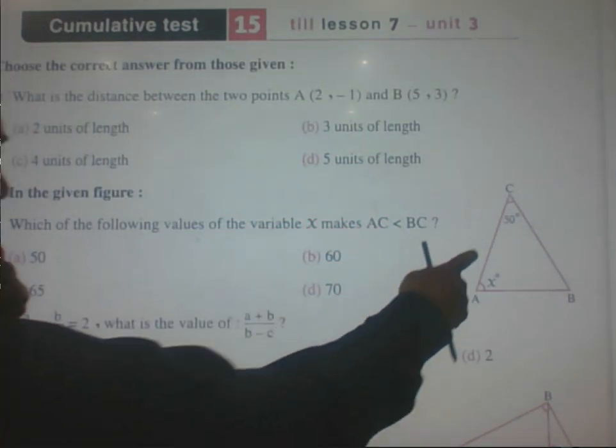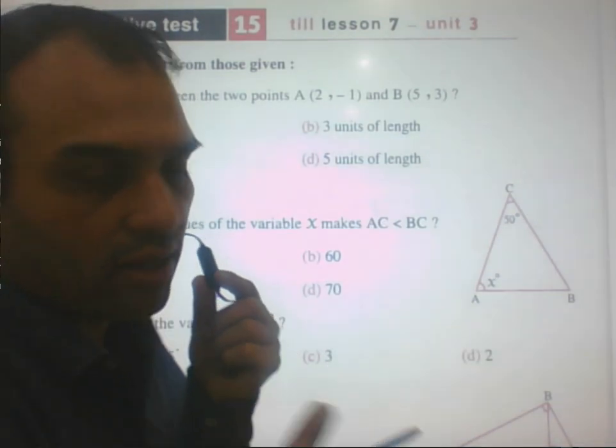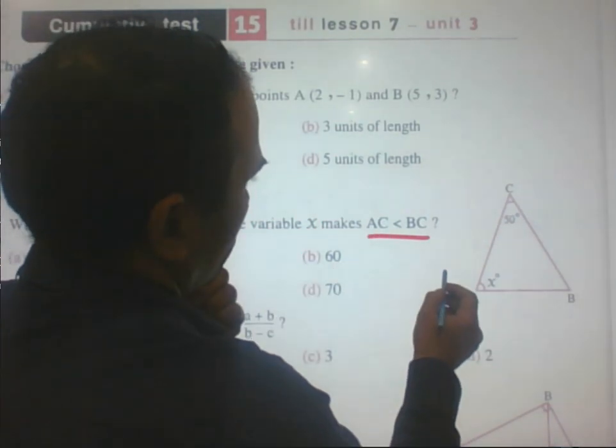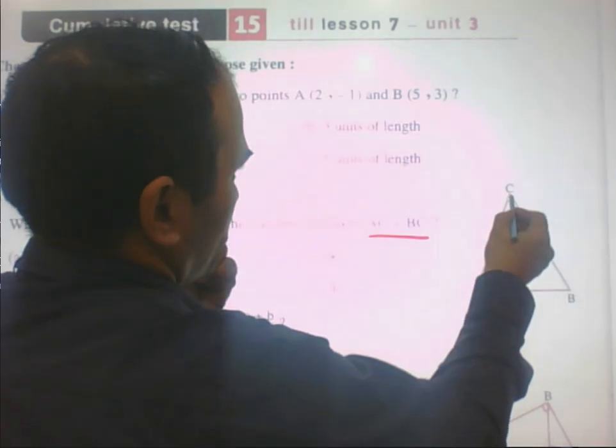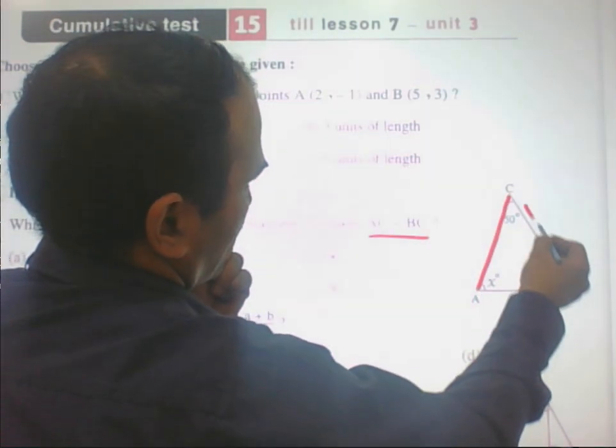We have here a triangle. And he gives me AC is less than BC. Look at here, AC is less than BC.